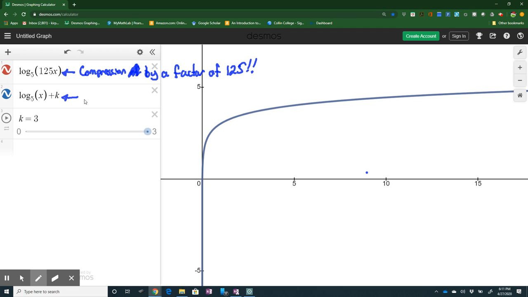Whereas this is just up 3. So in terms of log, compressing my log by a factor of 125, narrowing it down 125 times, is the same as just picking the graph up 3. So I don't know, that's me nerding out. They're not going to ask you that on the homework, but I like it.